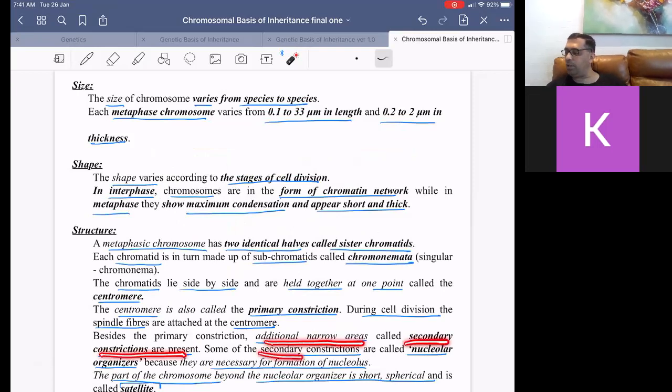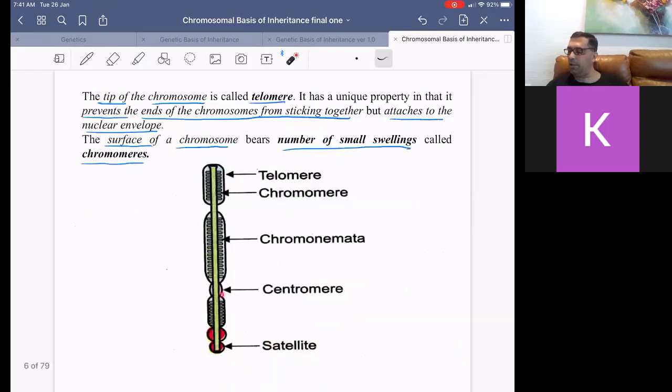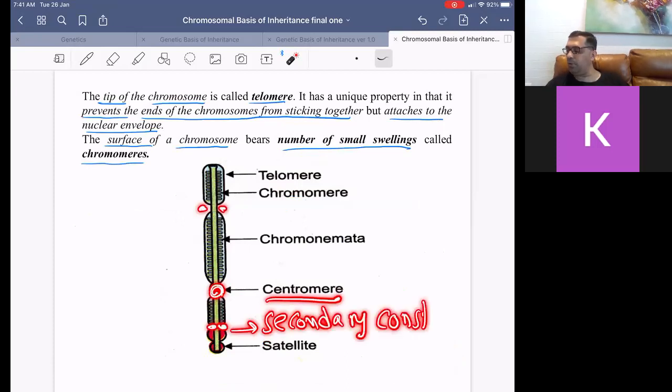Some of these secondary constrictions are called nucleolar organizers because they are necessary for formation of the nucleolus. So this is the primary constriction called centromere, and these are secondary constrictions, which are called nucleolar organizers.